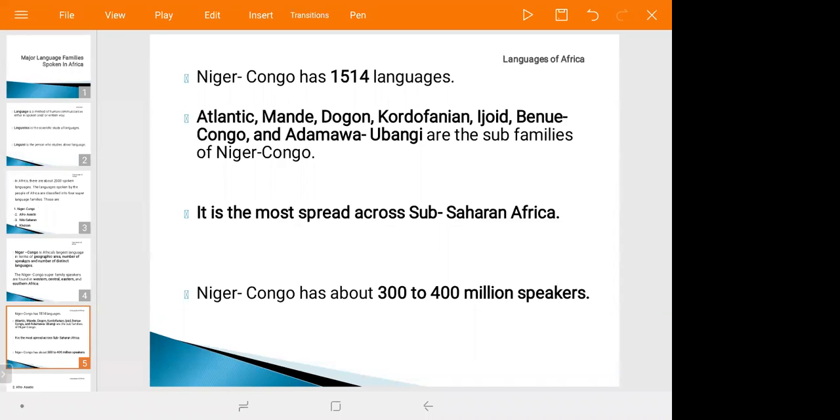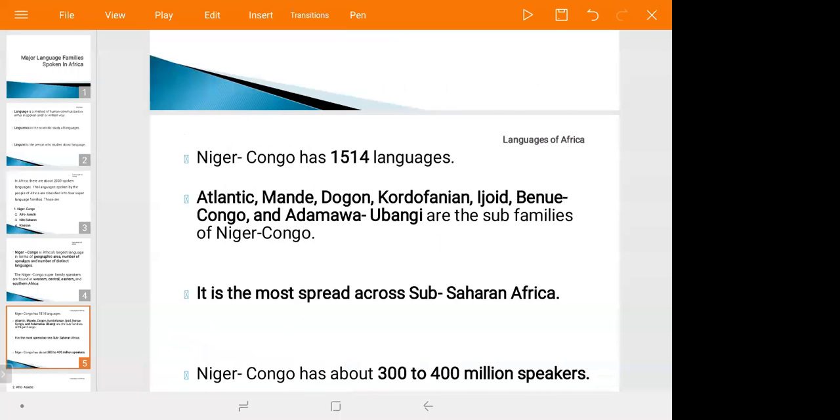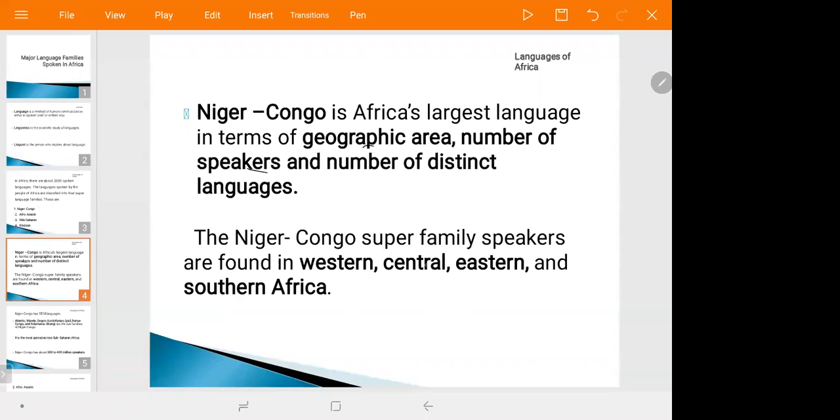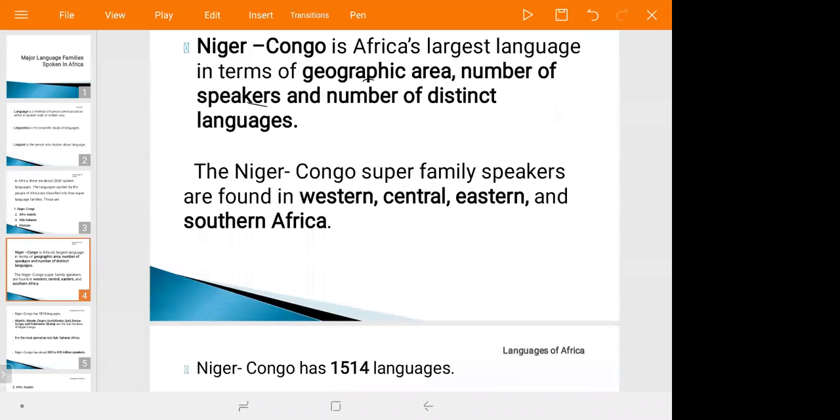So it is the most spread across sub-Saharan Africa. You can see the places here: Western, Central, Eastern, and Southern Africa, where the speakers of the Niger-Congo are located. Did I say Northern Africa? I didn't, yes? Because the Sahara Desert is in North Africa. So countries located south of the Sahara have these speakers.